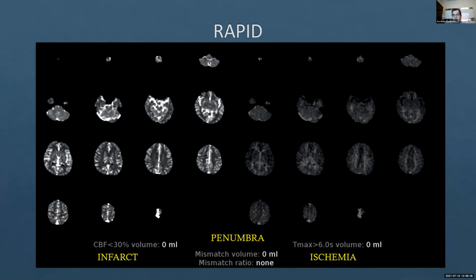That extra time means ischemia. It's going to take too long for the brain to get the blood that it needs. The difference between them, this volume minus this volume, is what we call penumbra, meaning potentially salvageable tissue. So you want this low, this high, and this is the difference between them.